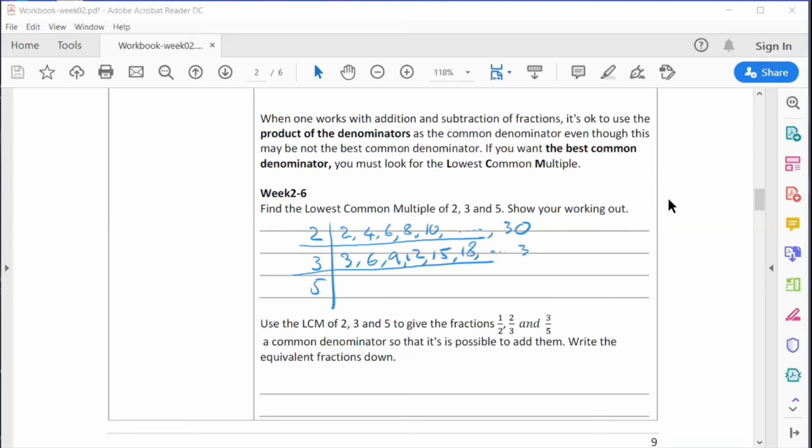You have to go all the way to 30. And then the 5, you have 5, 10, 15, 20, 25, and 30. So eventually you get to 30 and you should get an LCM of 30. That's what it should become.